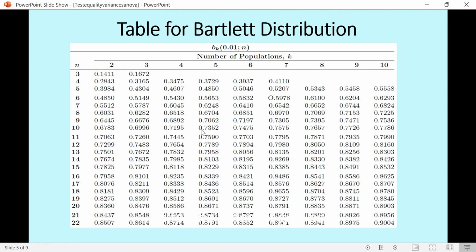For 5 groups, we get the critical value 0.7352, which means if the Bartlett value B from the sample is less than this value, we reject the null hypothesis, because to the left of this critical value under the density curve the probability is about 0.01.